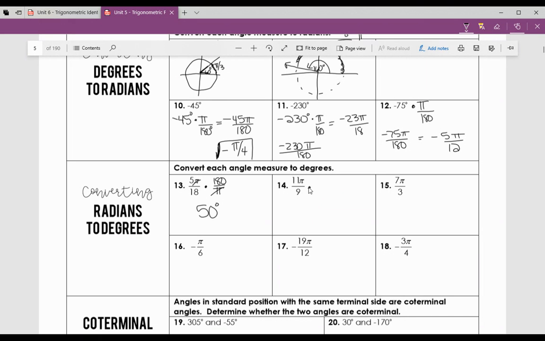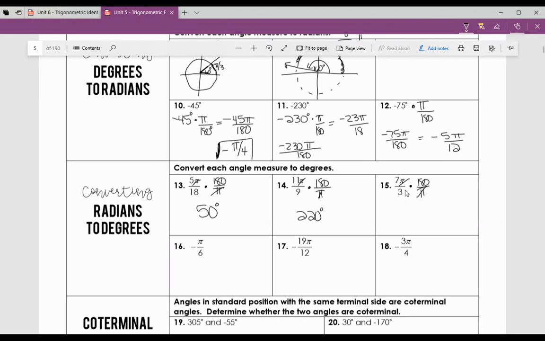All right. So number 14, 180 over pi. Cancel the pi's. When you multiply 11 over 9 times 180, you should get 220 degrees. Of course, when we multiply 7 pi over 3 by 180 over pi, your pi cancels.